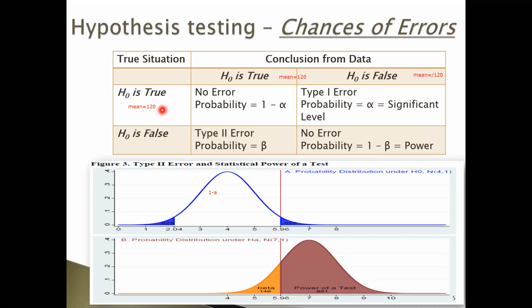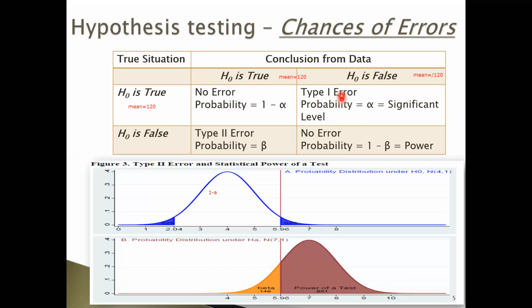It was true, but due to sampling error, or some other issue, we accidentally reject the null hypothesis. I mean, we say the null hypothesis is not true. So this is a kind of error. In the population, all people have the mean equal to 120, but the sample values defy the null hypothesis.